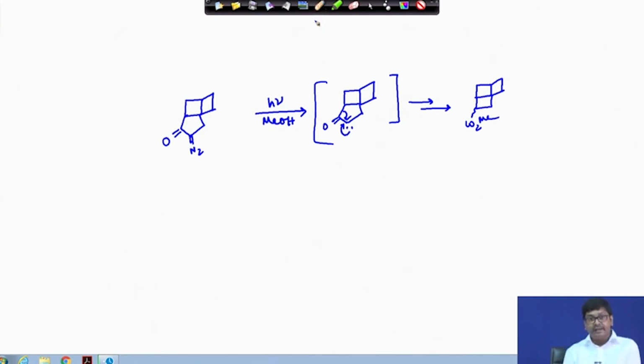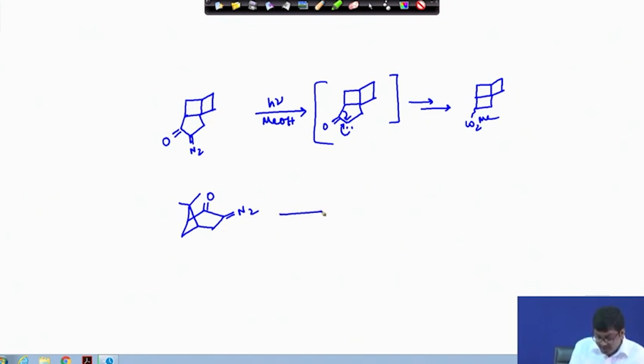Next, if we take a bicyclic compound, this alpha diazoketone, having the corresponding bridgehead with a dimethyl group.